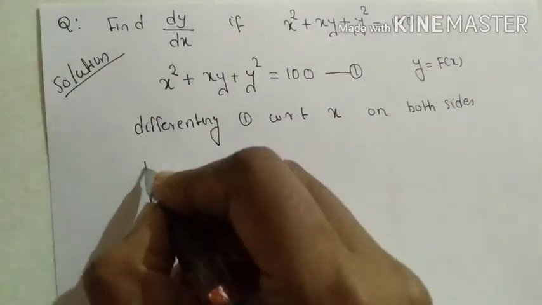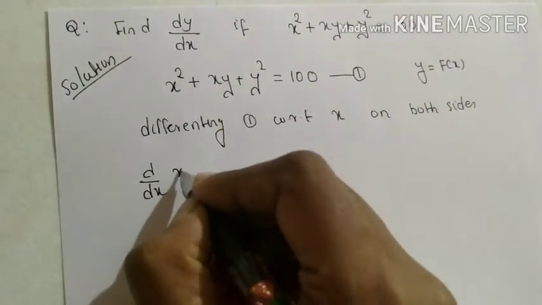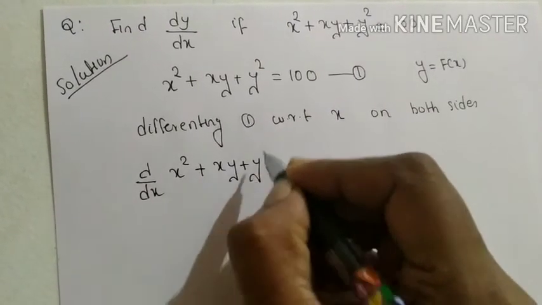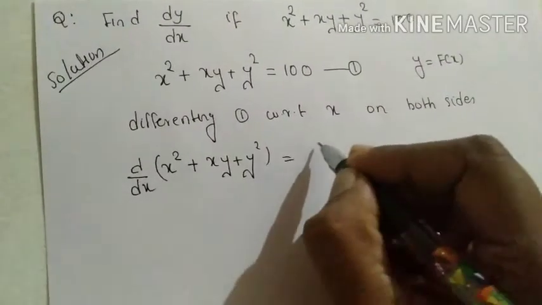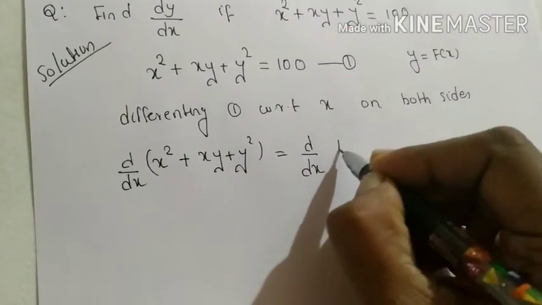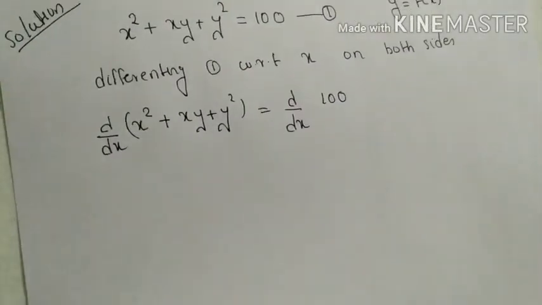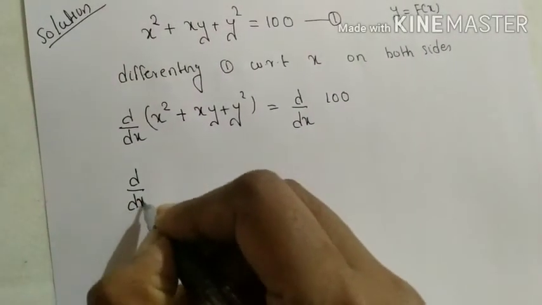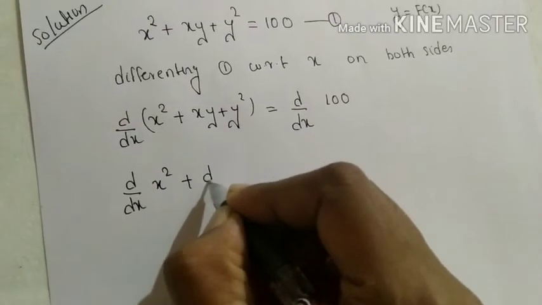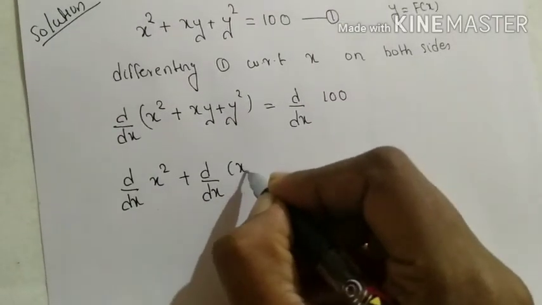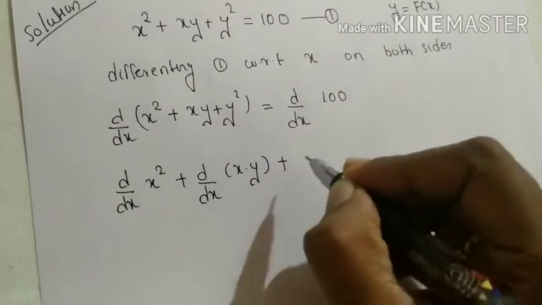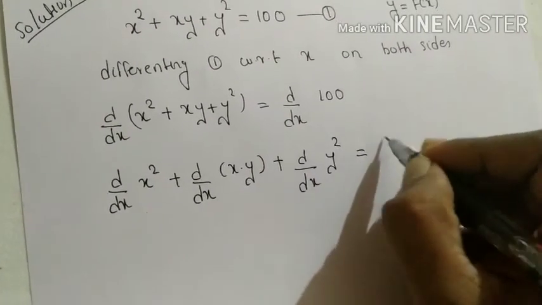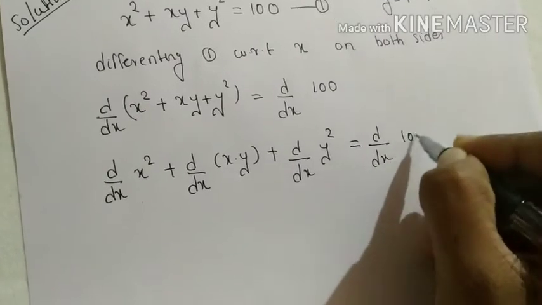We get d by dx of x square plus xy plus y square equal to d by dx of 100. After opening this bracket, we get d by dx of x square plus d by dx of x into y plus d by dx of y square equal to d by dx of 100.